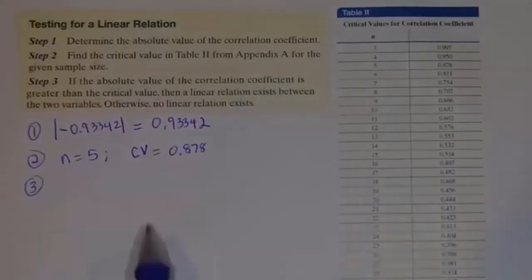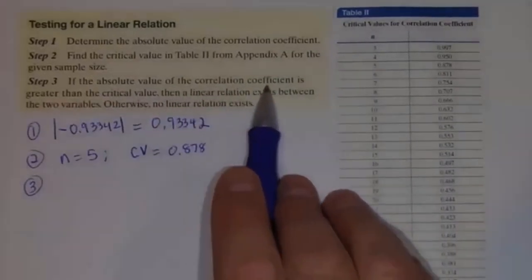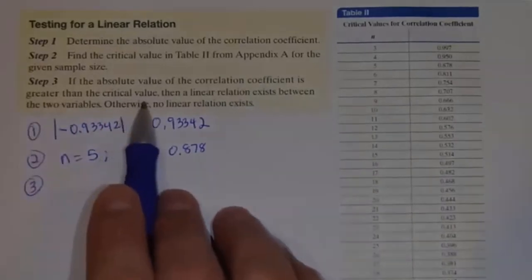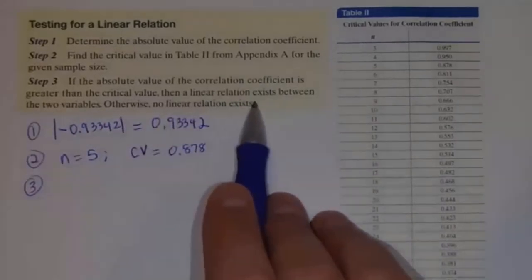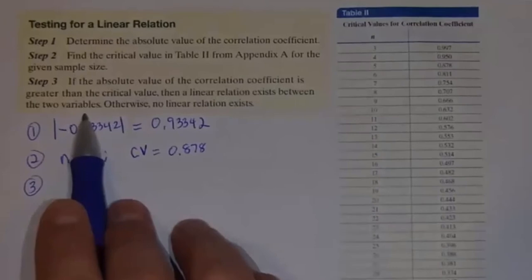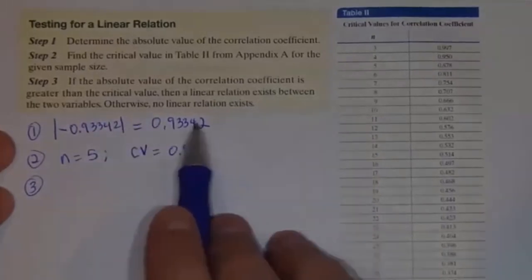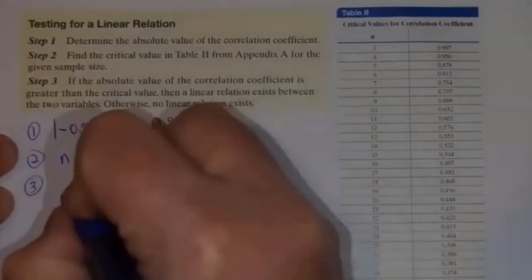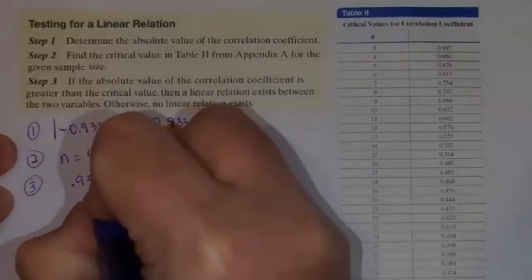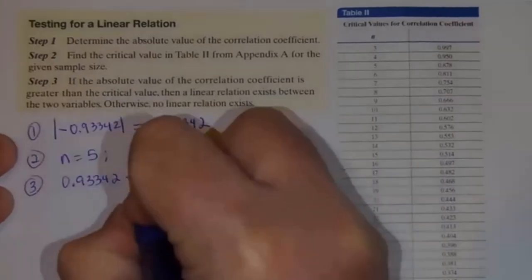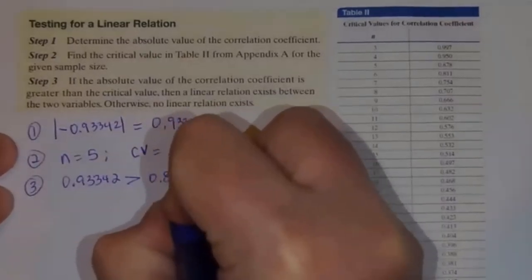So step 3, if the absolute value of the correlation coefficient is greater than the critical value, then a linear relation exists between the two variables. Otherwise, no linear relation exists. So in our case, our 0.93342 is bigger than 0.878.